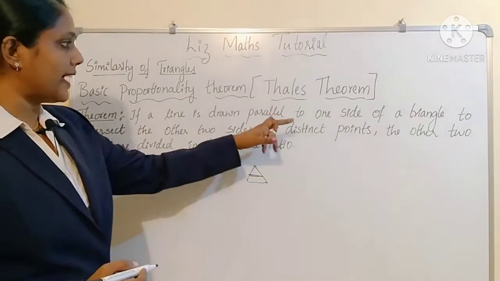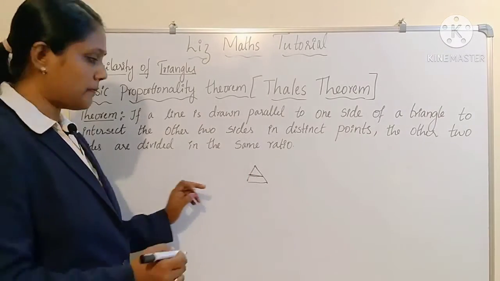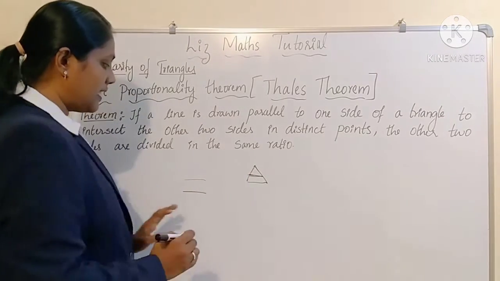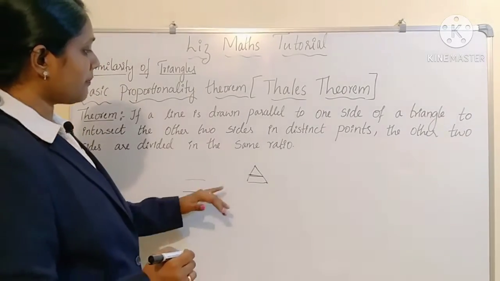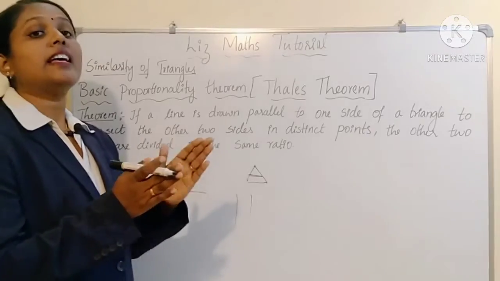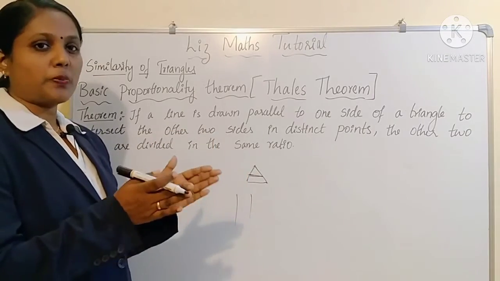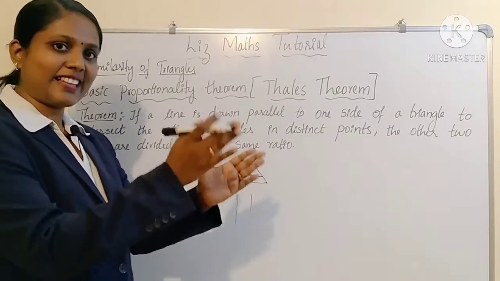It should be parallel to one of the sides. Parallel means these two lines are like this, with the distance always the same as they keep on moving, like a national highway.